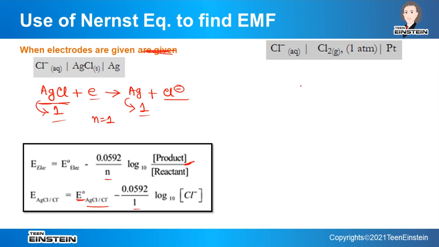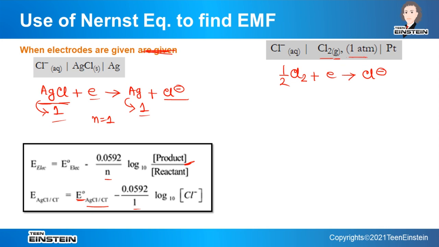The next one, here Cl-, Cl2, then Pt. So again we will write it in the form of reduction. So chlorine, half Cl2, if it accepts 1 electron, it will be converted to chloride. Now here, partial pressure of chlorine will be considered, because it is in the gaseous state.